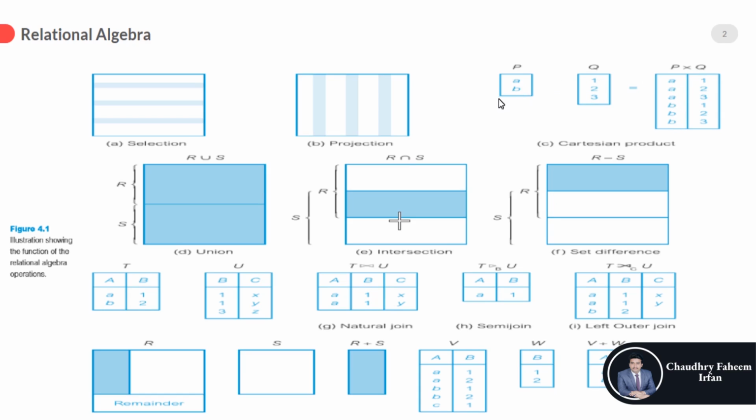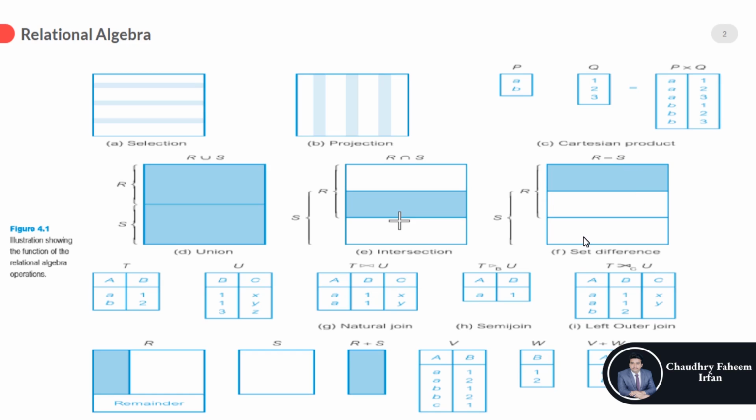So A with 1, then A with 2, then A with 3 and like that. B with 1, B with 2, B with 3. This is Cartesian product.